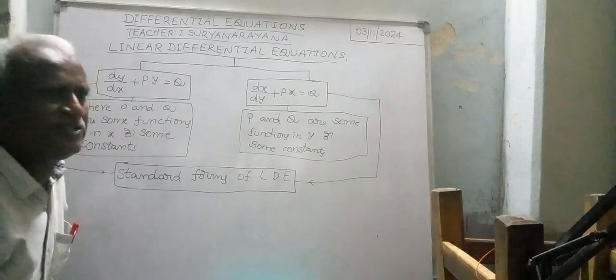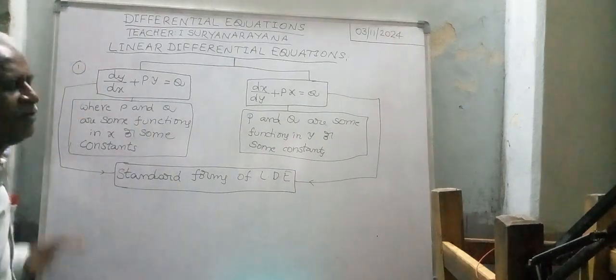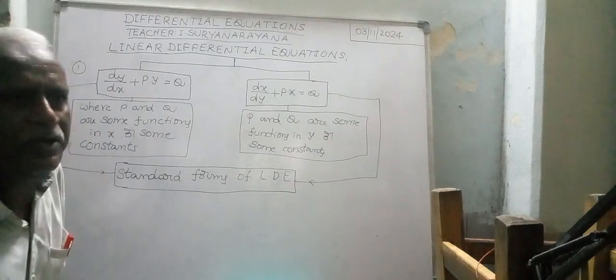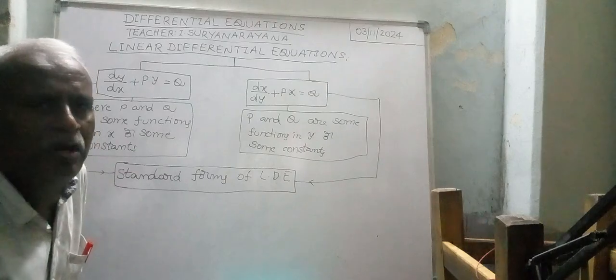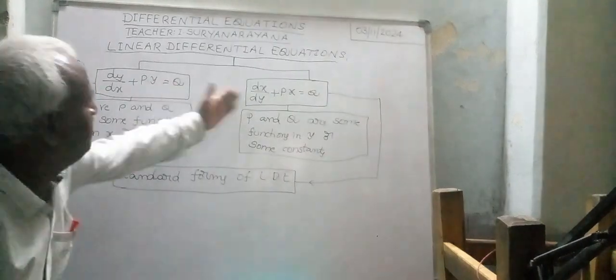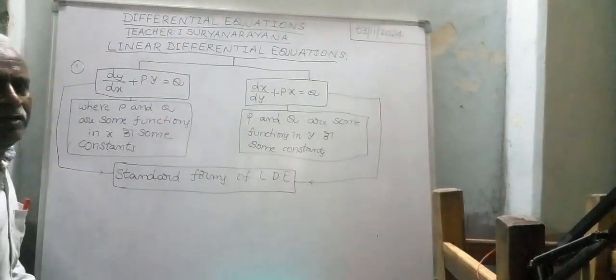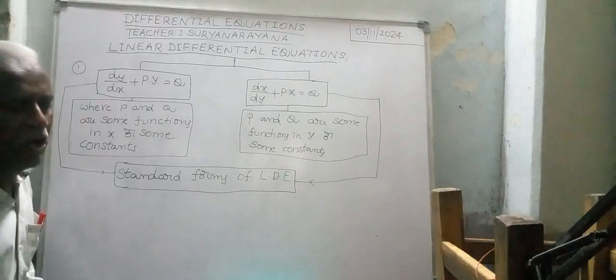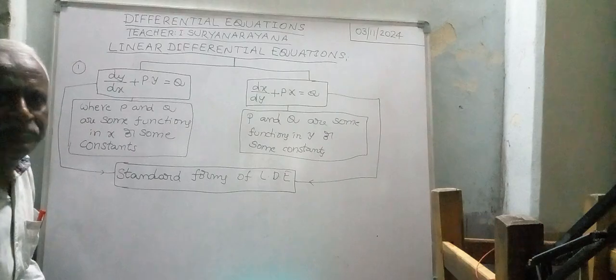Now, the first point was about linear differential equations, and the second point is how to proceed to solve a linear differential equation of any type, this type or this type. What are the steps to be followed? Remember these steps carefully, my dear children.